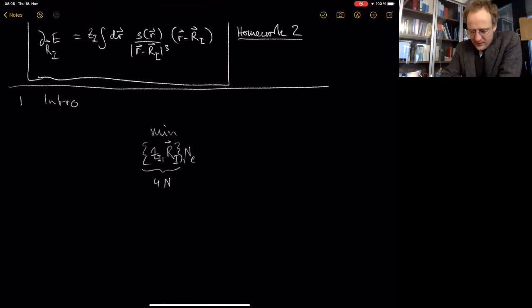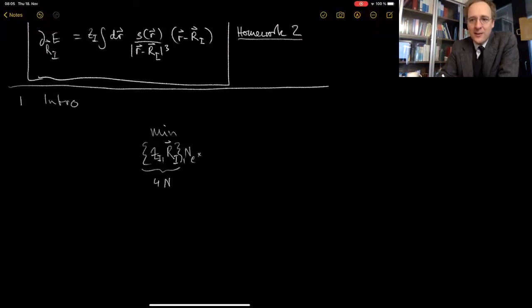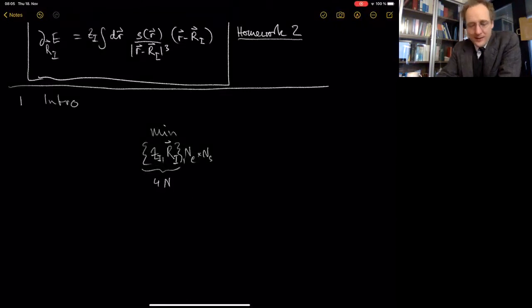And strictly speaking, you should also include spin variables, right? So you could have different spin states, right? So this would then mean that we would have the number of electrons times the possible number of spin states, right? But usually we limit ourselves to electronic ground state properties.